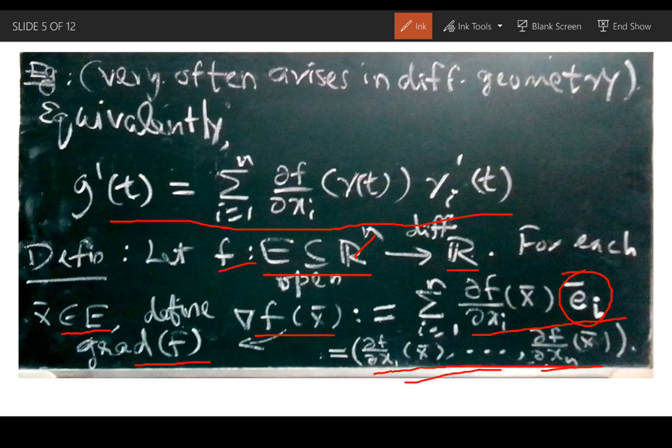Remember, this actually represents the derivative of f, as we saw in the previous slide. So del f or gradient of f stands for derivative of f. Hope you understood.